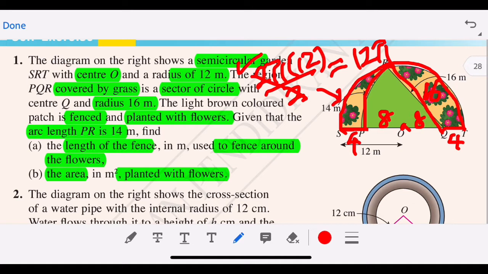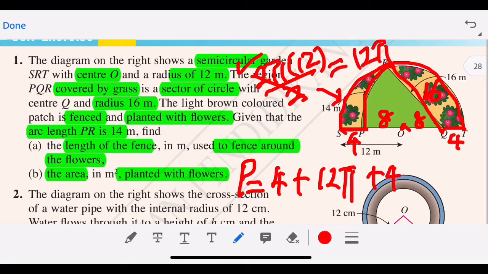Now I need the length of the perimeter. PS is 4 meter plus semicircle 12 pi, and then plus another 4, then plus 8, and the arc length was given in the question, right? The arc length is given, the radius is 16 meter.